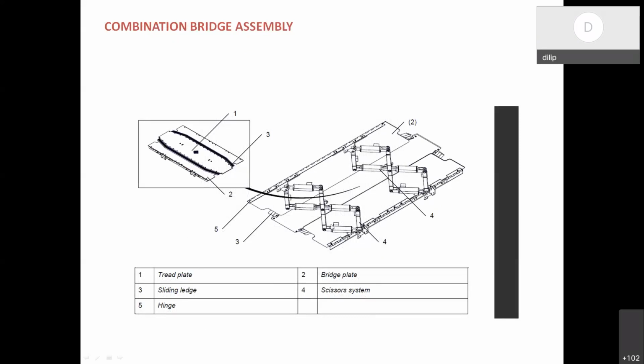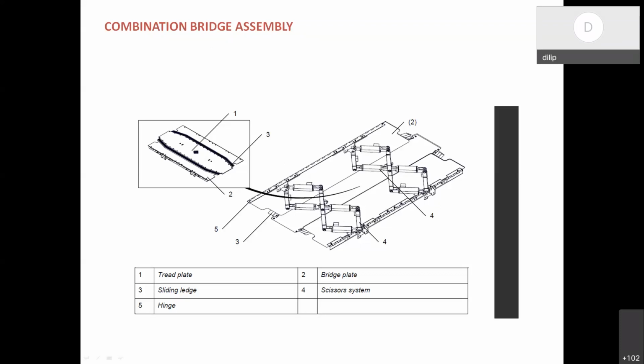So this will have a scissor type of arrangement. If you see this number 4, this is the scissor arrangement. This scissor arrangement will take care of this bending. Like, on one side the coach gets near and on the other side it gets far away. So these parts get bent and come near, and these get far away. This bridge assembly will take care of this movement of the coaches.